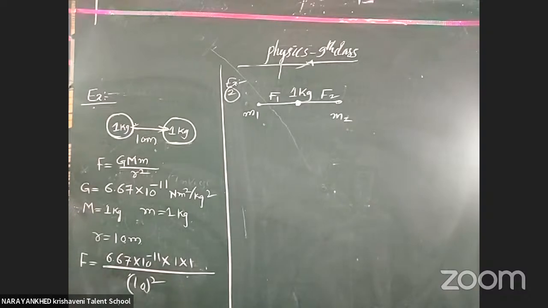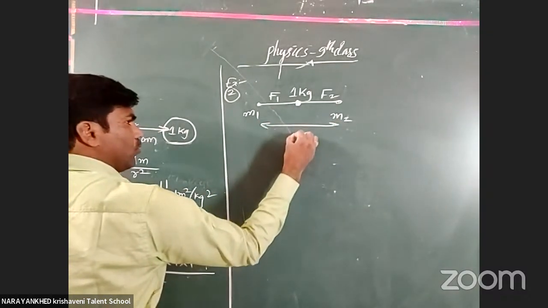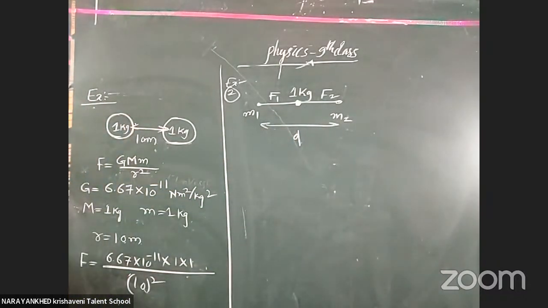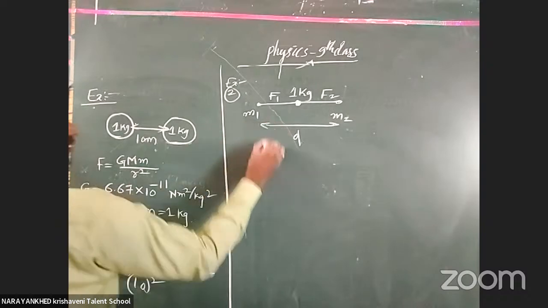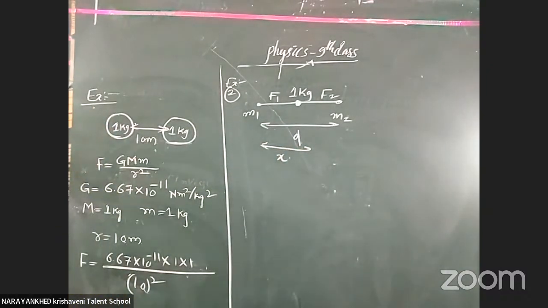The total distance we consider is D. Total distance is D, and from M1 to the 1 kg mass, the distance is taken as x. Clear or not? x we are considering.